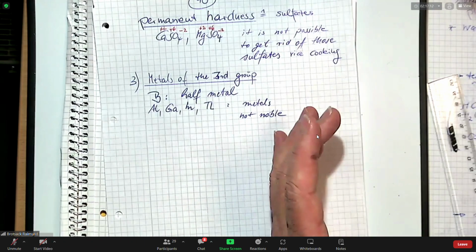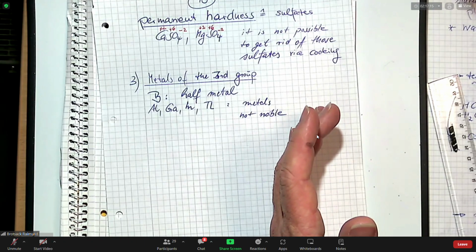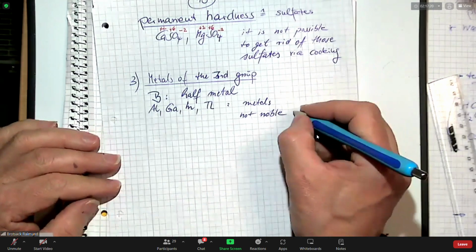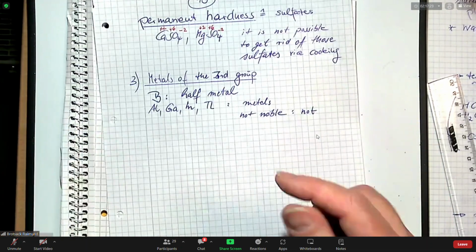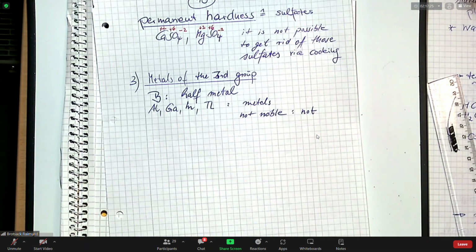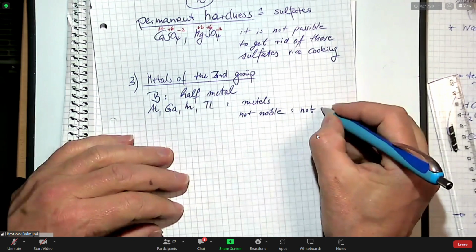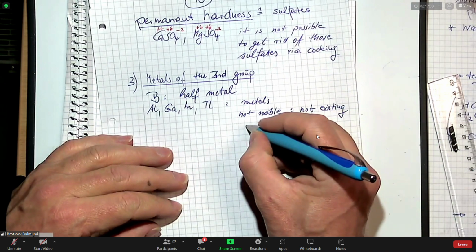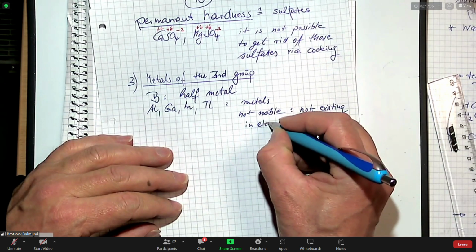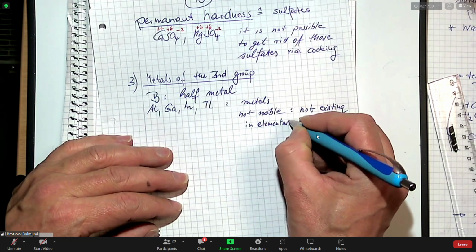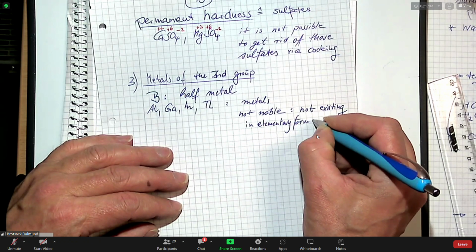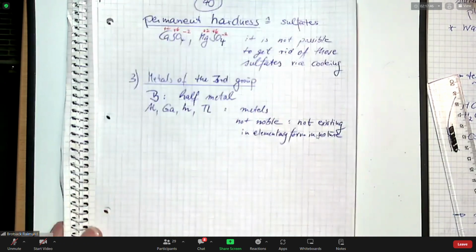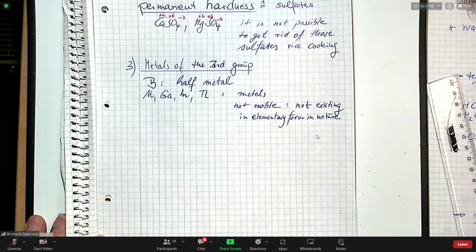So they are not existing as elements or in elementary form in nature. So they are not noble, so they are not existing as pure elements in nature.